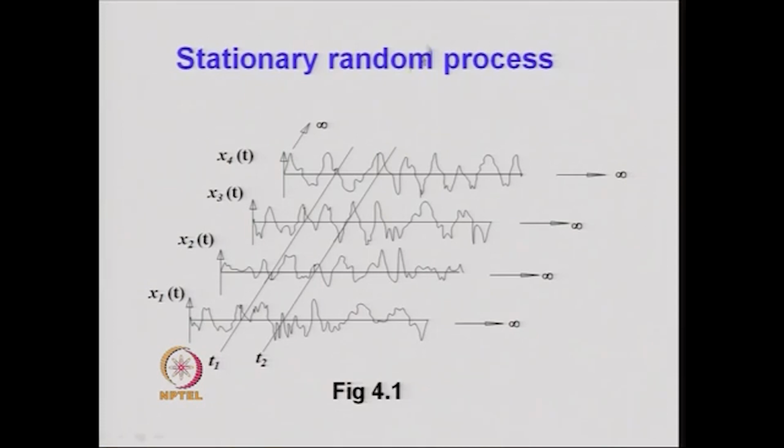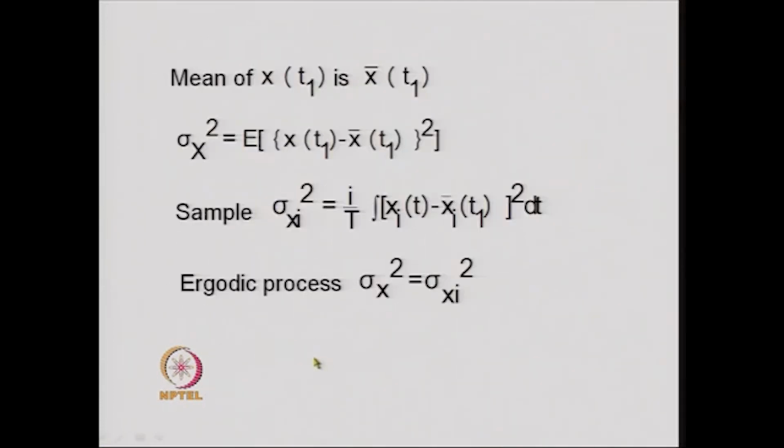Similarly, one can obtain the variance. The variance would be described using the x(t1) values across the ensemble and the average value of the ensemble at t1. We deduct this from x(t1) and take the square of that, and expectation means the averaging of this quantity.